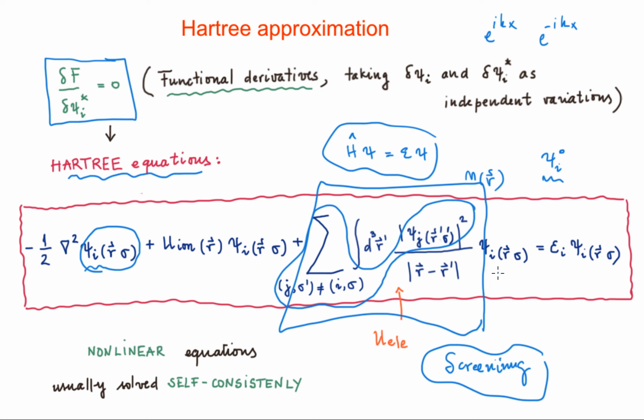Once you have the new psi_i, you recalculate the effective potential, you get a new effective potential, and considering that, you calculate again and get the new psi_i functions, and so on and so forth until you get the required convergence.